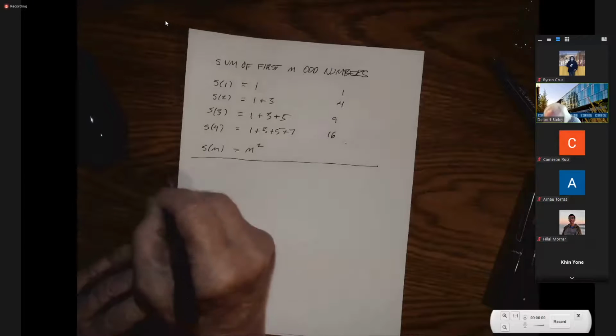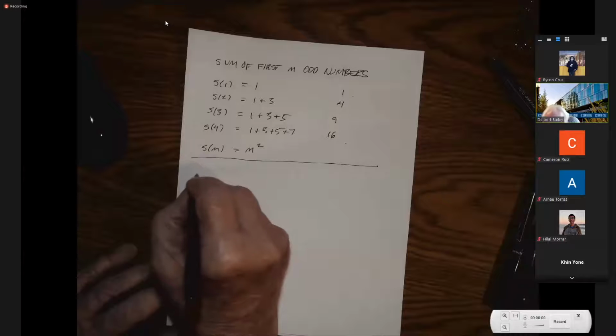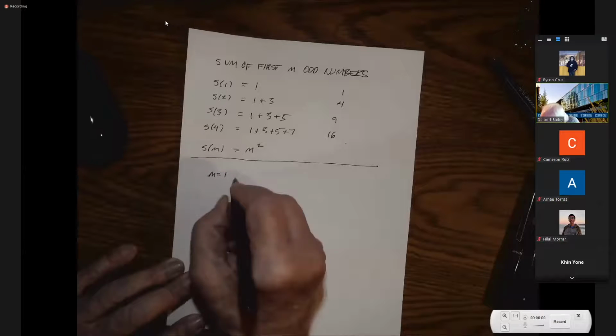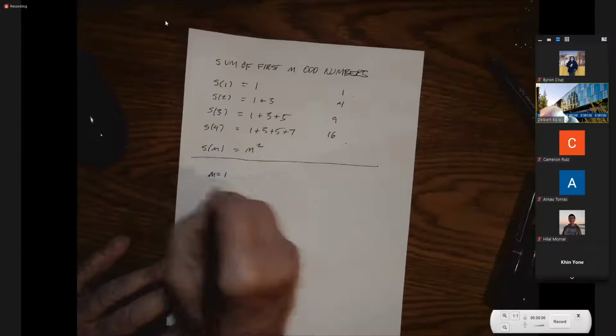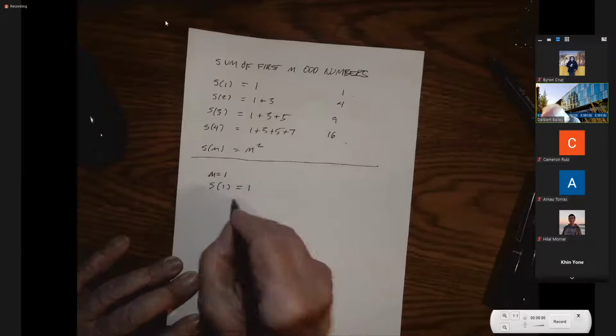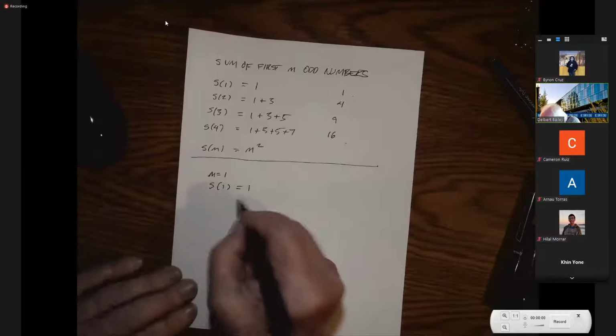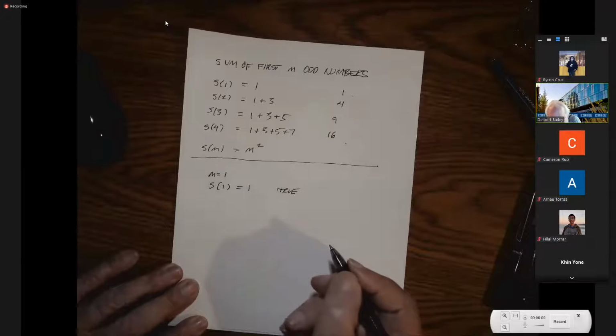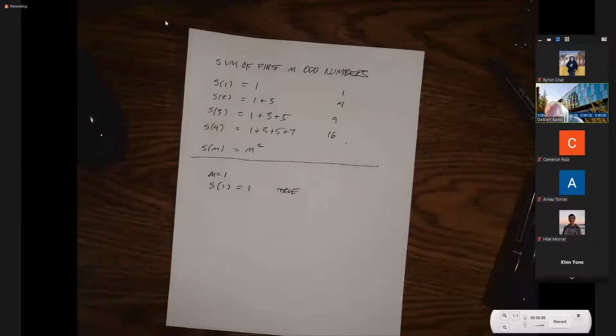Okay, so our basis is 1. What we have then is that S1 is equal to 1, and 1 is 1 squared, so it's true. Then what we want to do is to say, if it's true for some particular n, that it must be true for n plus 1.